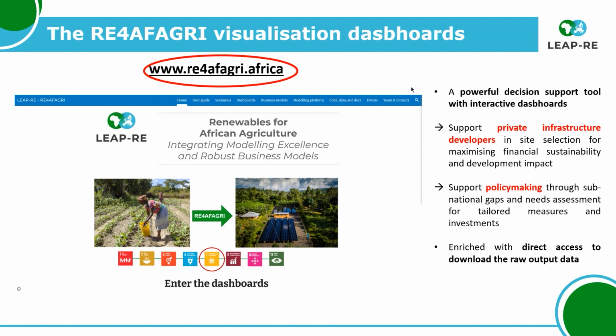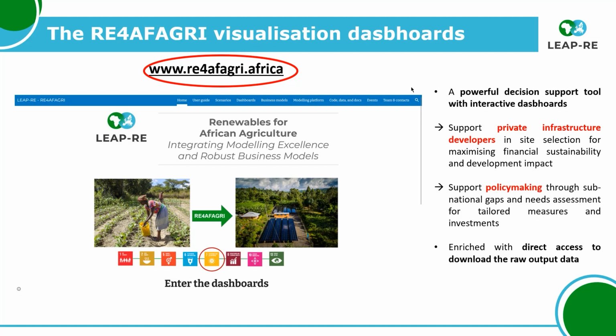In this context, the RE4AFAGRi visualization dashboards, which are available online for use on the RE4AFAGRi.Africa website, represent a powerful decision support tool based on interactive dashboards. These dashboards have been developed using the outputs of the modeling platform that was just introduced, and they have the specific aim of supporting private infrastructure development in their site selection for maximizing financial sustainability and their development impact.